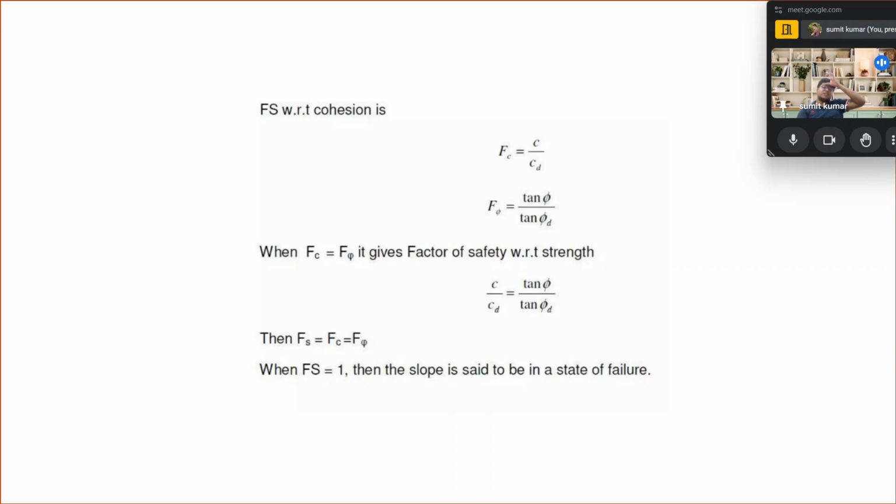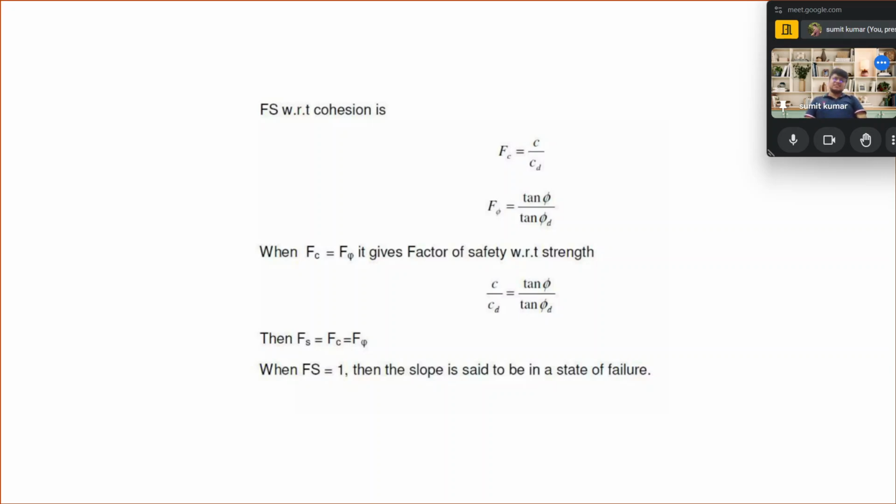Now, when we calculate the factor of safety with respect to cohesion, we say Fc equal to c upon c d, that is c divided by the mobilized cohesion. Similarly, the same case is followed for the friction angle as well, which we state as Fphi equal to tan phi upon tan phi d.